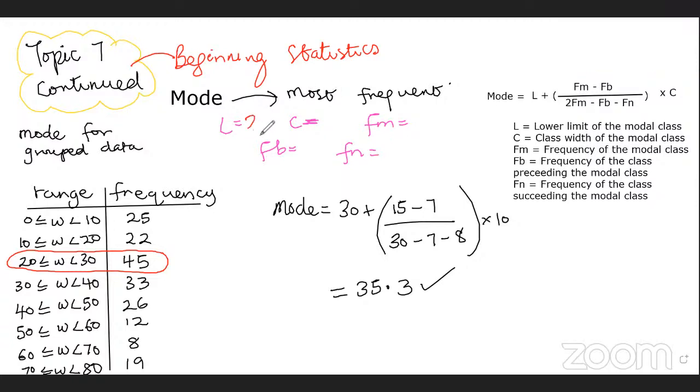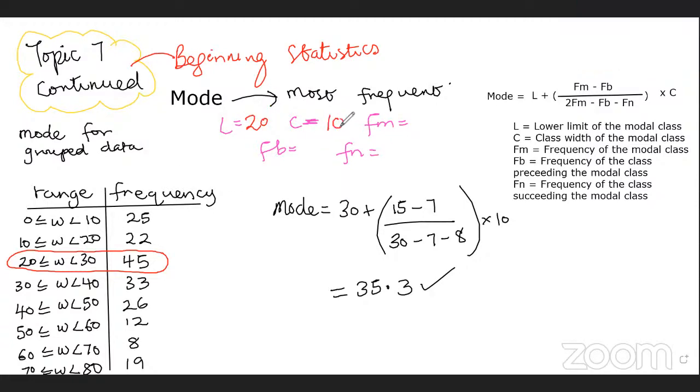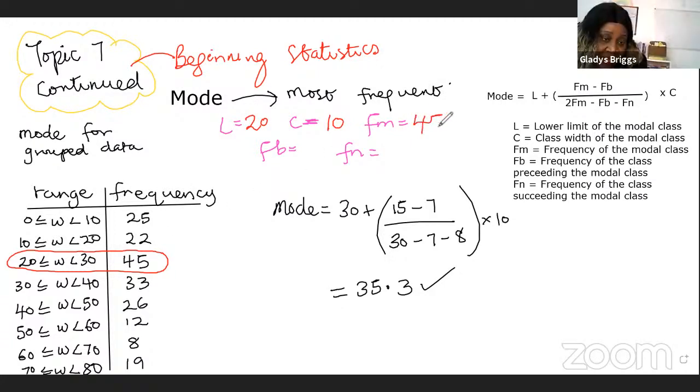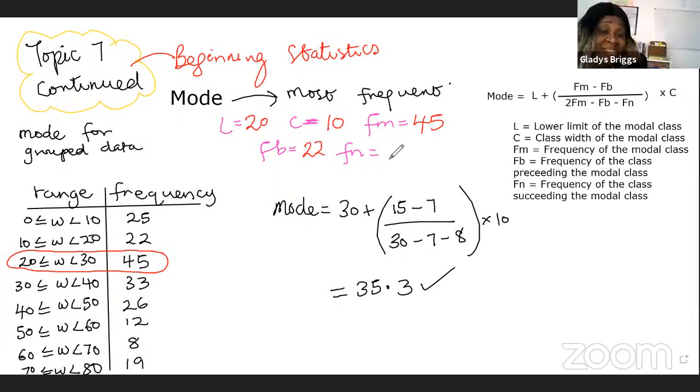What's the class width? 10. What's the frequency of the modal class? 45. The frequency of the class preceding the modal class? 22. And the class succeeding the modal class? 33. Well done, guys. You were paying attention.